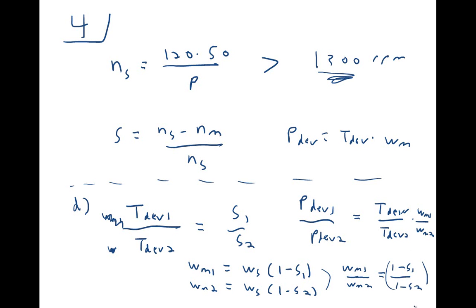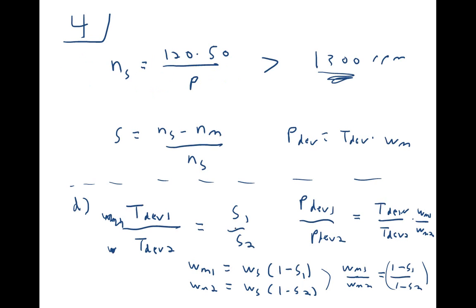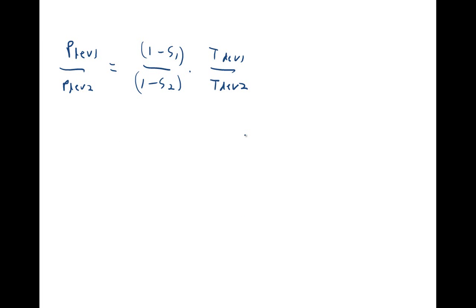And so I can plug this in and relate that my power developed 1 over my power developed 2 has to be equal to 1 minus s1 over 1 minus s2, there's my speed terms, times my torque, torque developed 1 over torque developed 2. But the torque 1 over torque 2 is just going to be given by s1 over s2. So I can plug that in as s1 over s2.